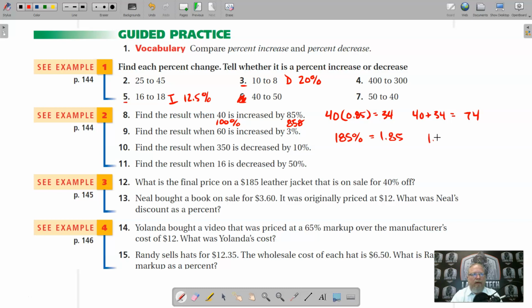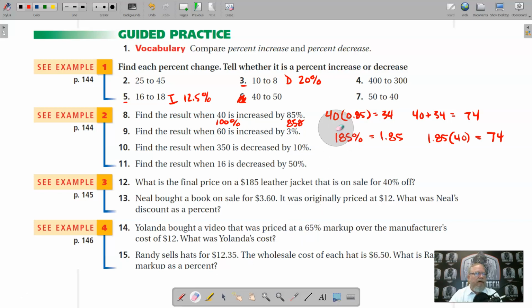So let's take 1.85 and multiply it times that original amount of 40, and lo and behold, we get the same value of 74. I think the second method is easier than finding the increase and adding it back to the original amount. I would rather just add 100% plus whatever the increase is.